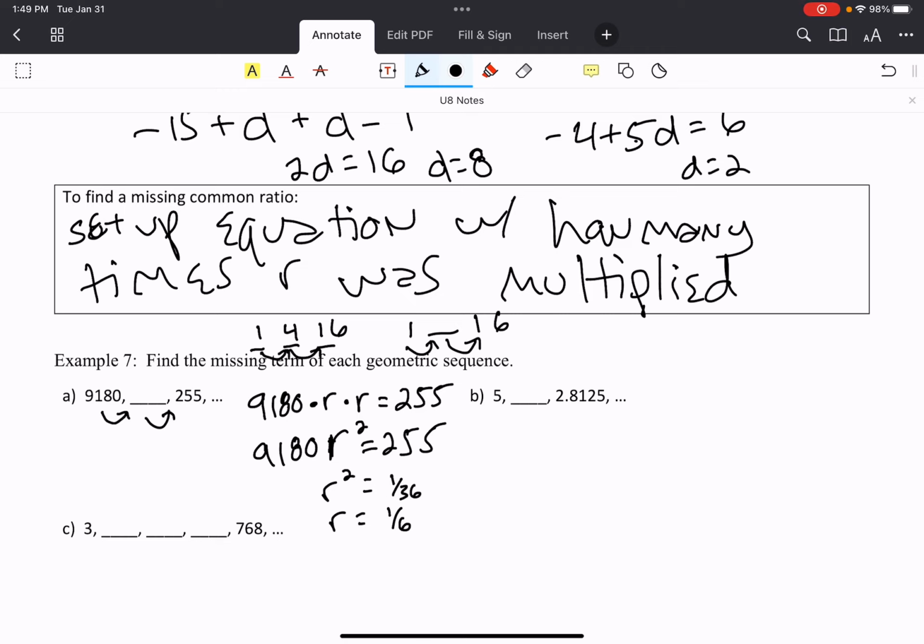And the last thing I want to explain is, do you see how I don't have enough information to tell me if this middle number should be positive or negative? So there's actually 2 possible common ratios, 1/6 and negative 1/6. Does that make sense? Okay, so then when I divide that by 6 first, what do you get? 1530, or negative 1530?